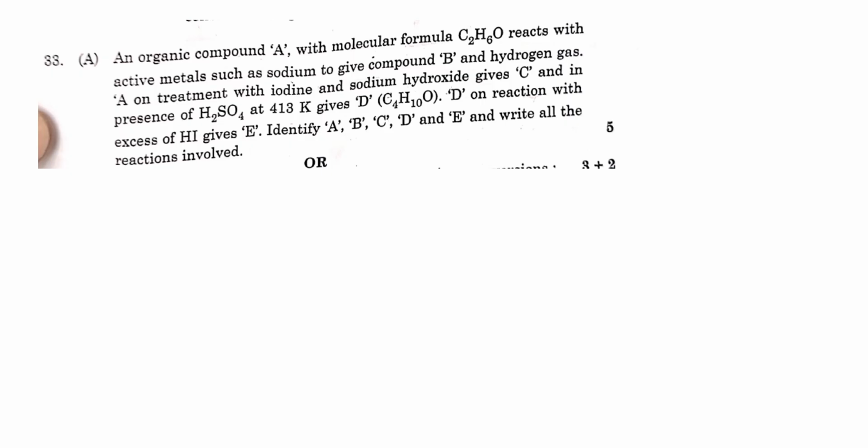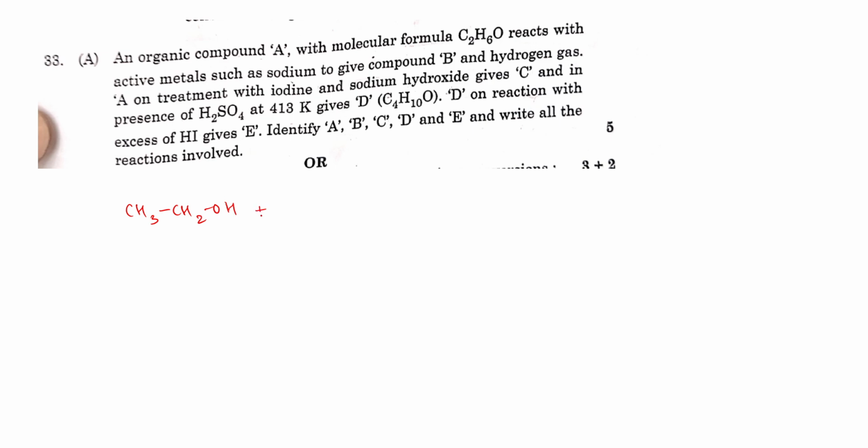An organic compound A with molecular formula C2H6O reacts with activators such as sodium to give compound B and hydrogen gas. Okay, so this seems to be an alcohol. Let us write the equation. C2H6O should be ethyl alcohol. So I will write the equation: CH3CH2OH.